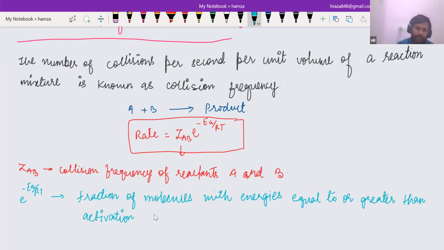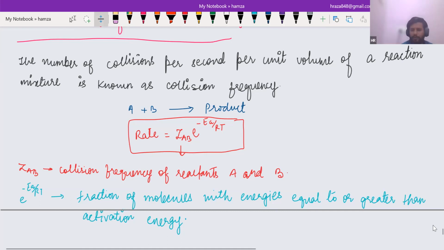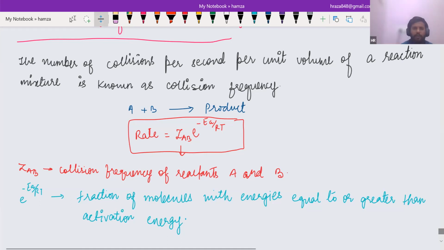Equal to or greater than activation energy. So please do write it. Done, sir. Very good. So this collision frequency, you got it.